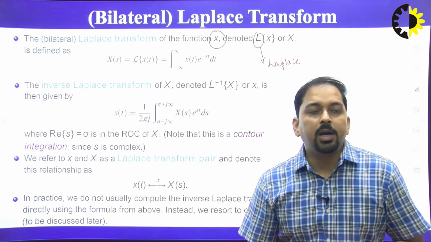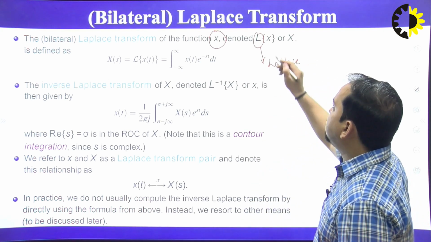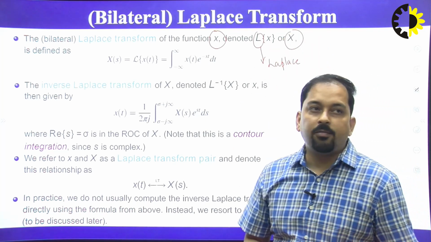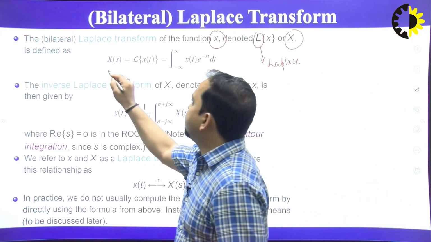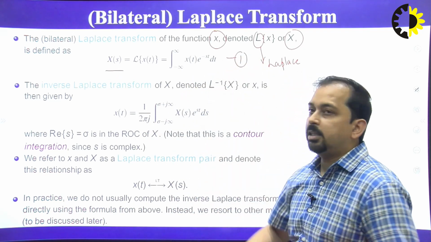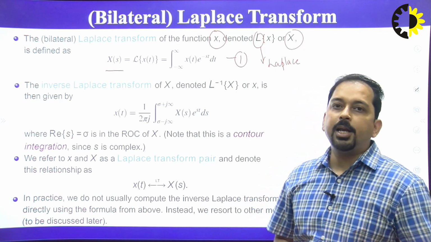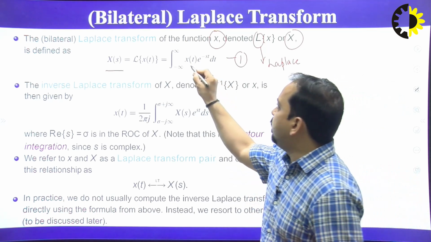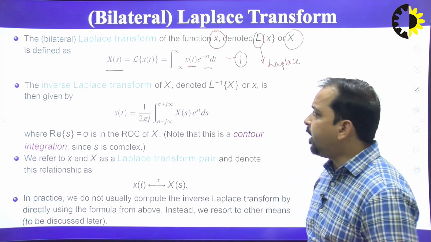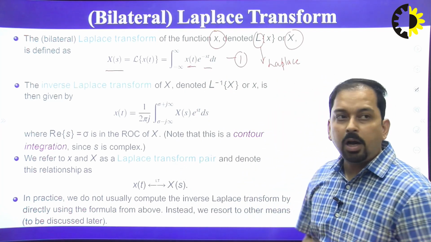To calculate the Laplace transform of the time domain signal x, we represent it by capital X, and the relationship is given by equation number 1: X of s equals the integral from minus infinity to infinity of x(t) e raised to the power minus st dt.